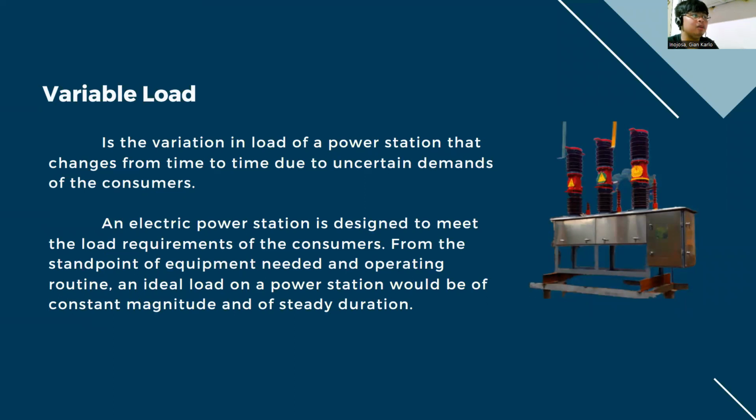So, our variable load changes from time to time, since it is based on the demand of our consumers. If they want to increase it, decrease it, or still remain within the capacity that our power plant station can handle. Next slide, please.